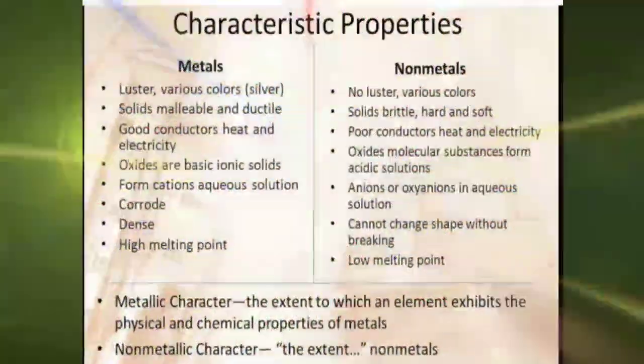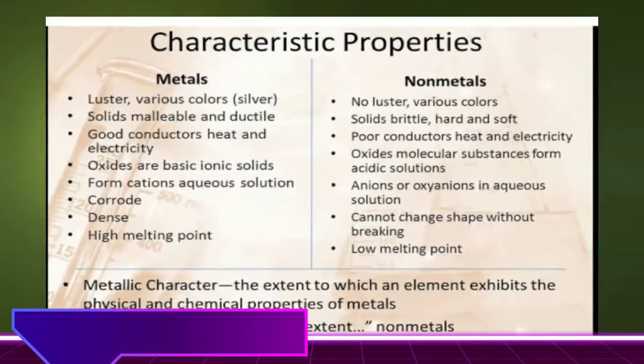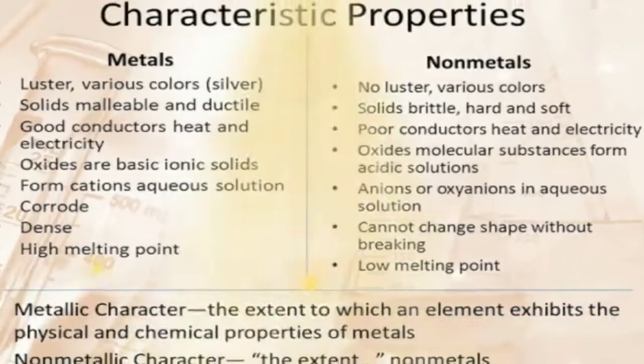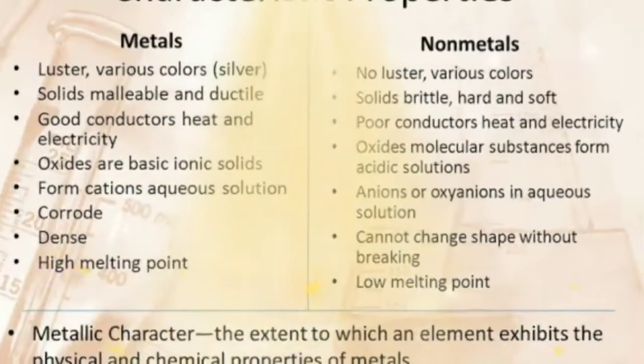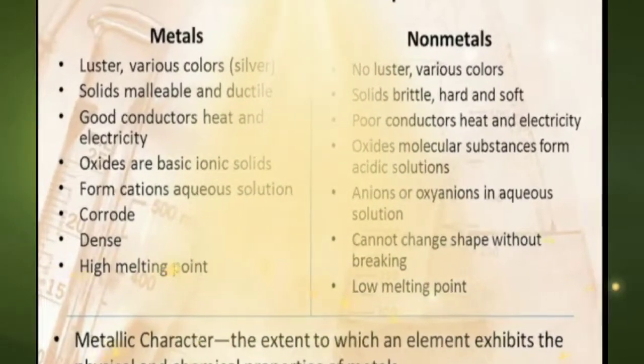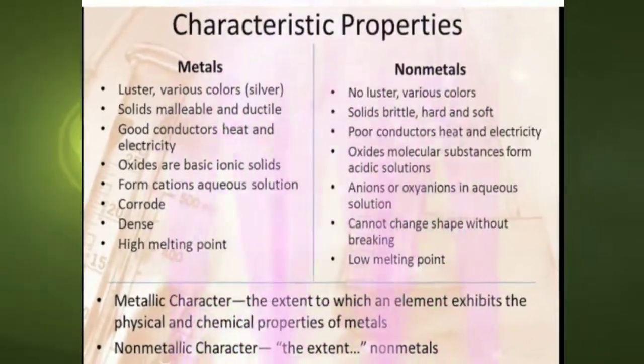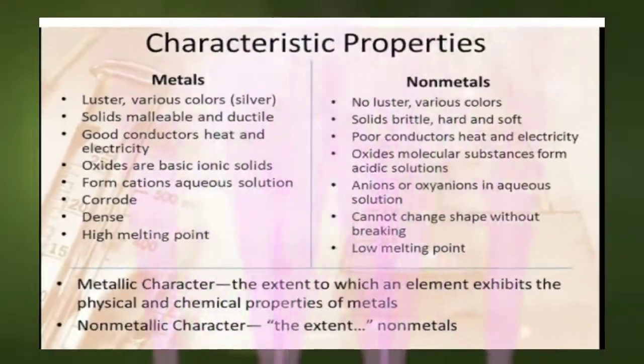Poor conductors of heat and electricity are non-metals. Metal oxides are basic, ionic solids, whereas non-metal oxides are molecular substances that form acidic solutions. Metals form cations in aqueous solution, whereas non-metals form anions or oxyanions.